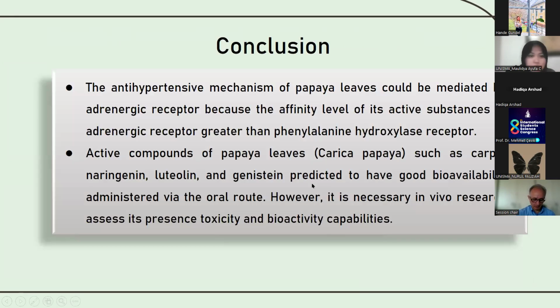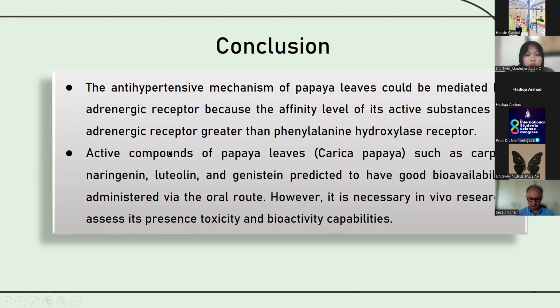For the conclusion, the antihypertensive mechanism of papaya leaves could be mediated by the beta-1 adrenergic receptor because the affinity level of its active substances to the beta-1 adrenergic receptor is greater than to the phenylalanine hydroxylase receptor.